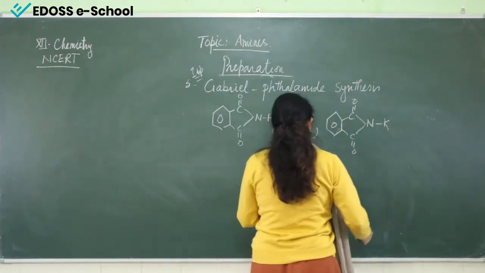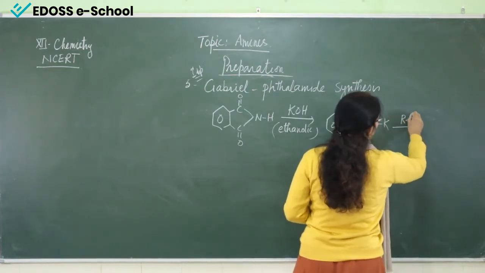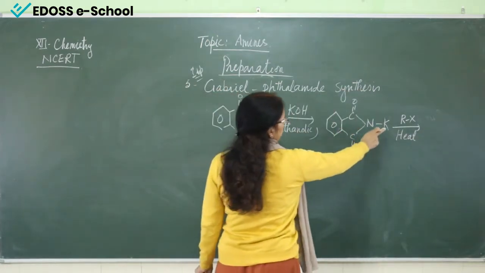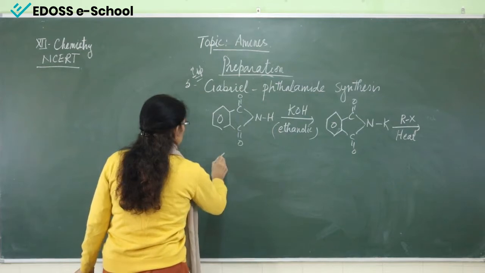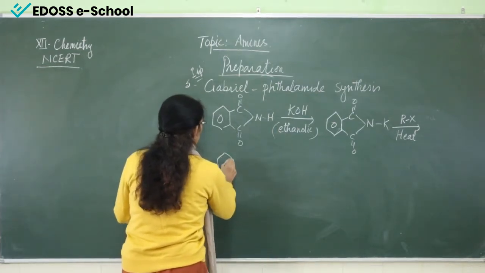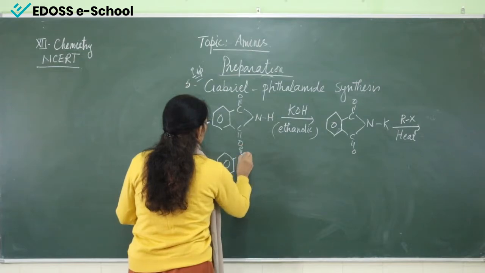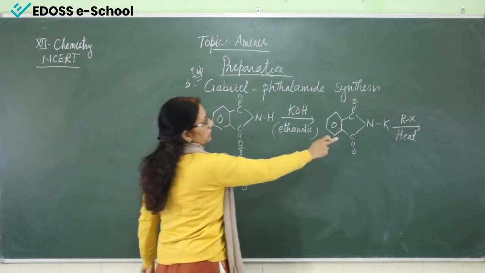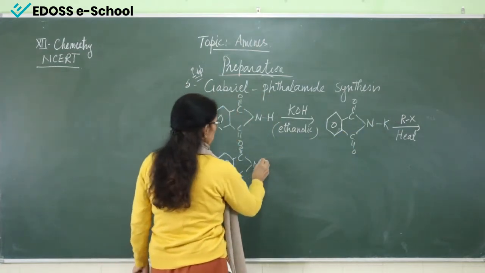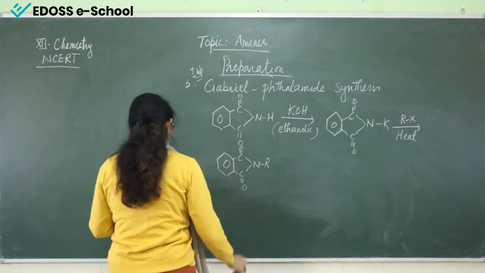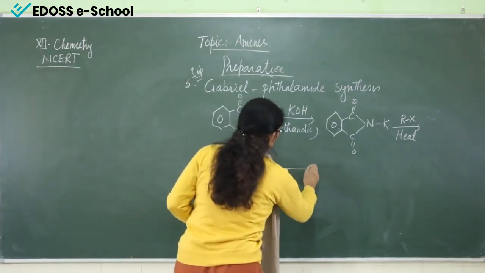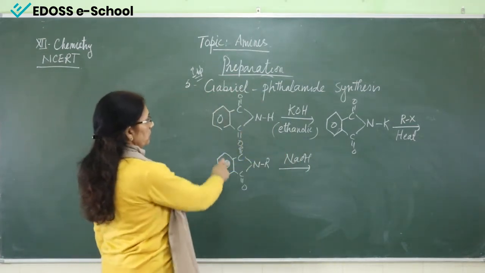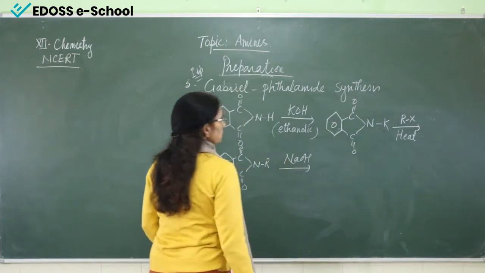Again, when we react it with alkyl halide and heat it, what will happen? This K will be replaced by R. We have to draw the structure: this is carbon having 2 carbonyl groups, and this is nitrogen, and this potassium will be replaced by R. So here the alkyl group will attach. We can say this is a 3-step reaction.